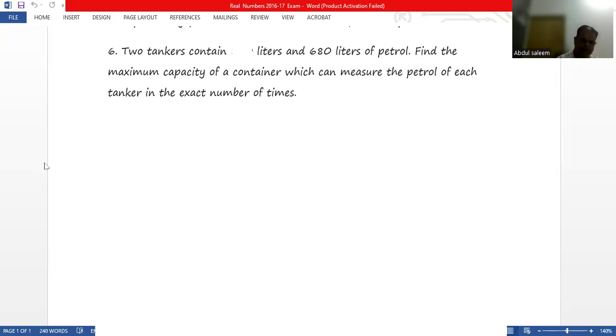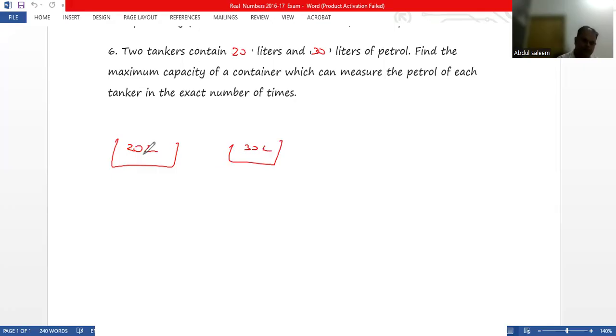Suppose this is 20 liter, and this one we can take 30 liter.